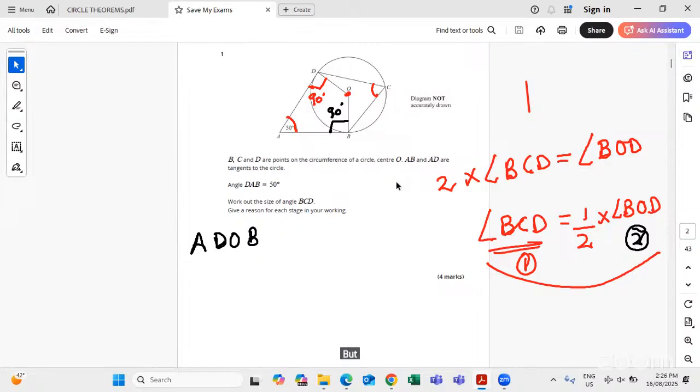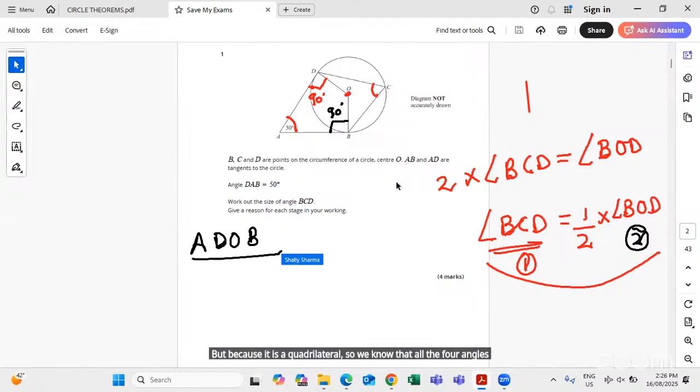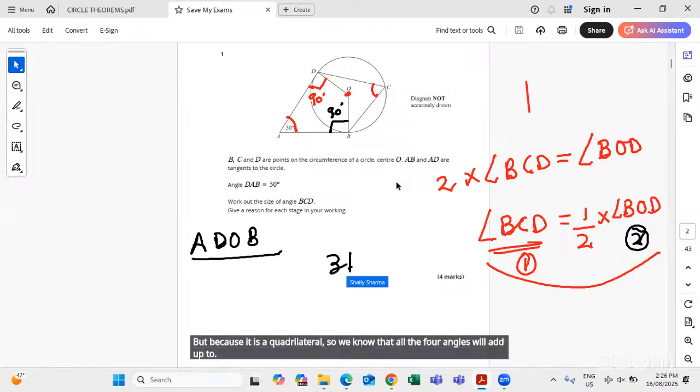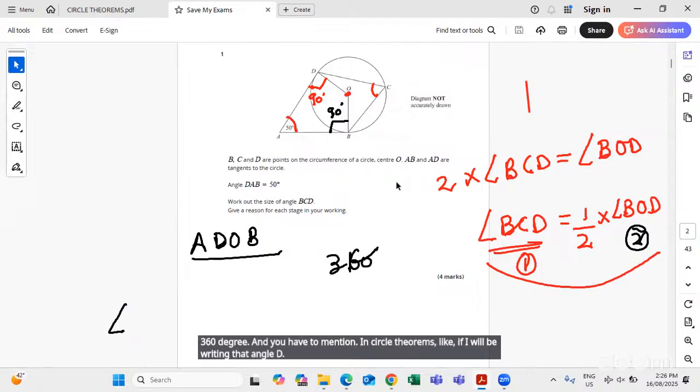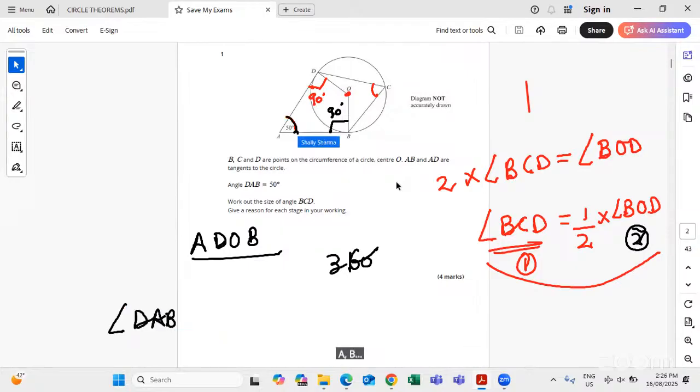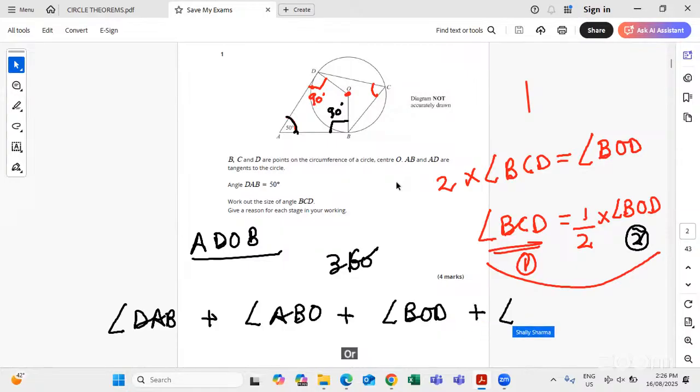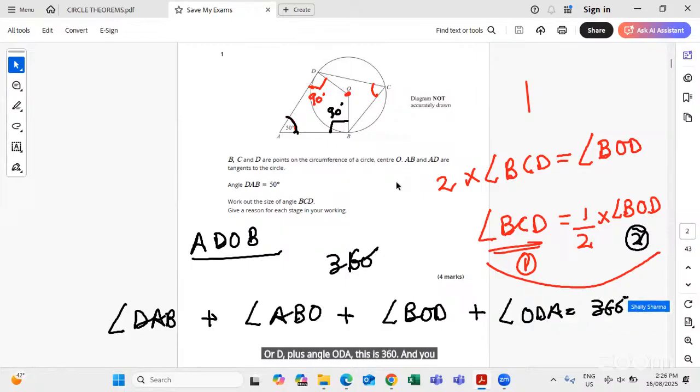But because it is a quadrilateral, we know that all four angles add up to 360 degrees. In circle theorems you have to mention the reason: angle DAB plus angle ABO plus angle BOD plus angle ODA is 360, because of the angle sum property of a quadrilateral.